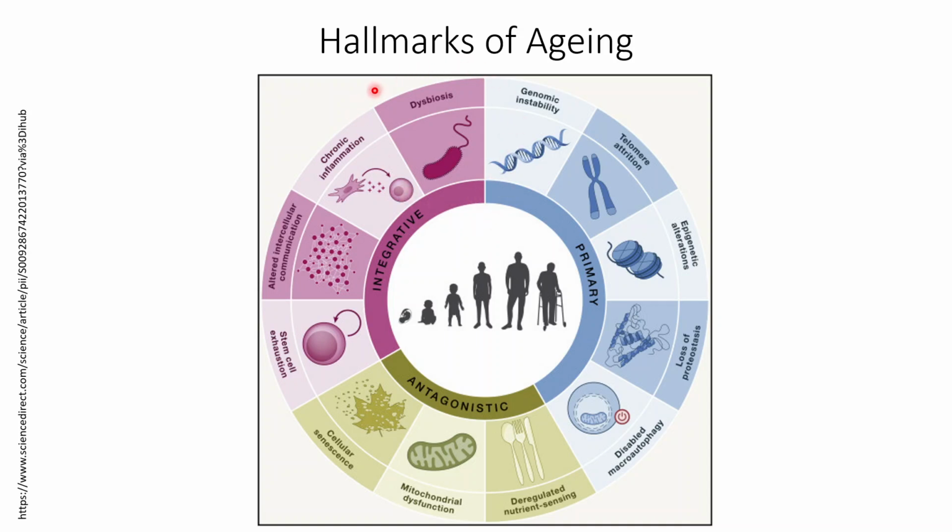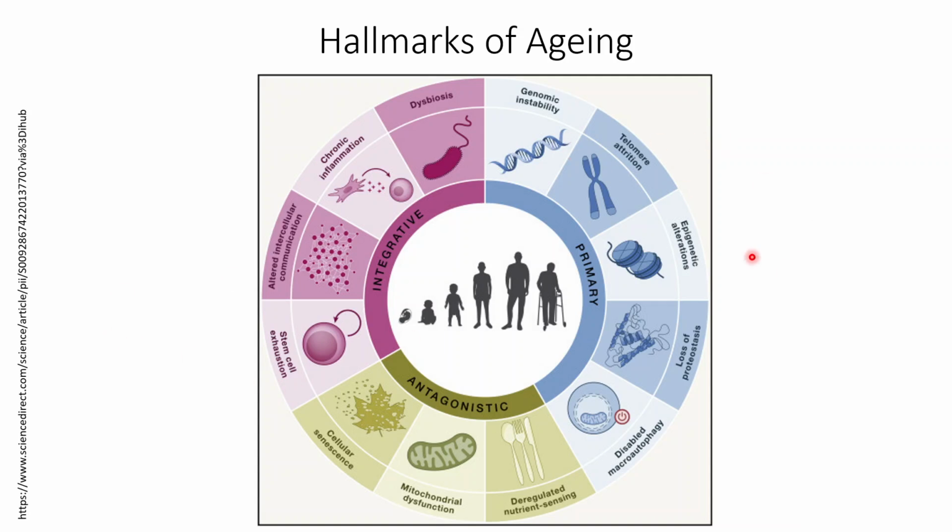So if there is some imbalance in the gut, if there is some change in the composition of healthy bacteria in the gut, that can lead to dysbiosis, and that can lead to a whole host of different problems. So all of these, unfortunately, when people are aging, can start affecting people in different ways.